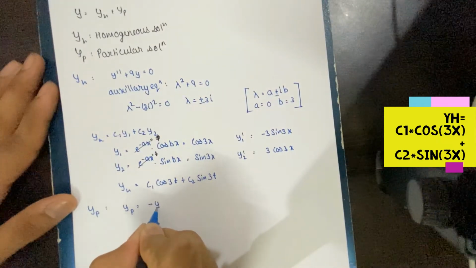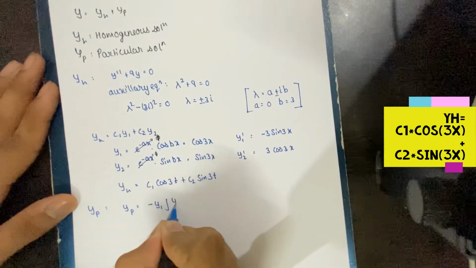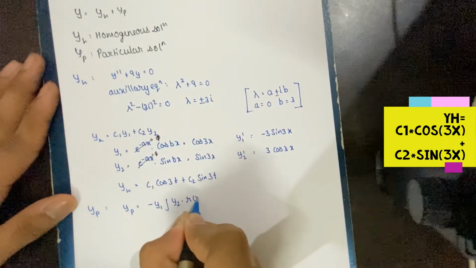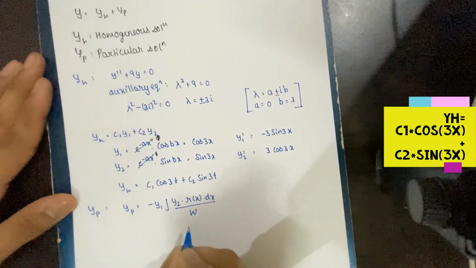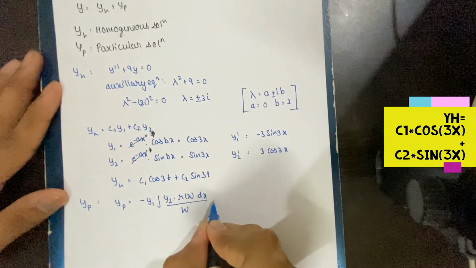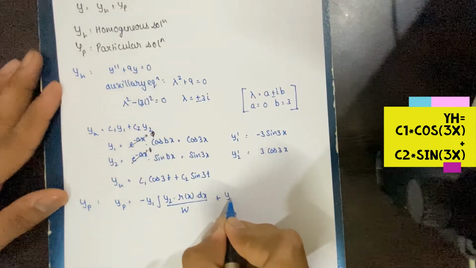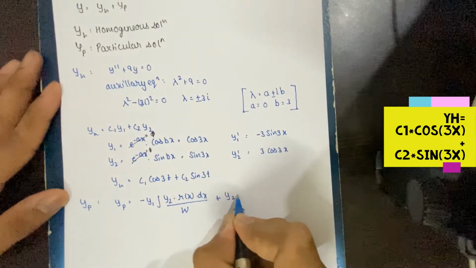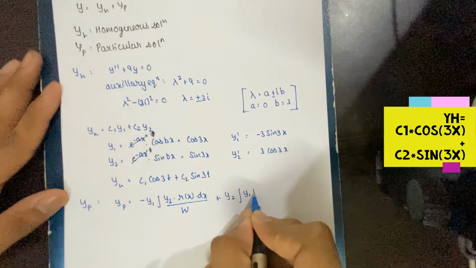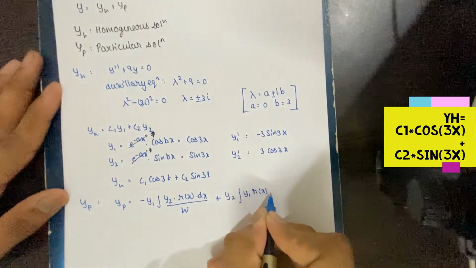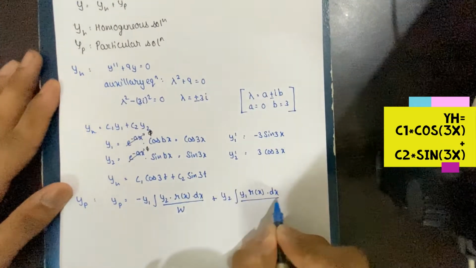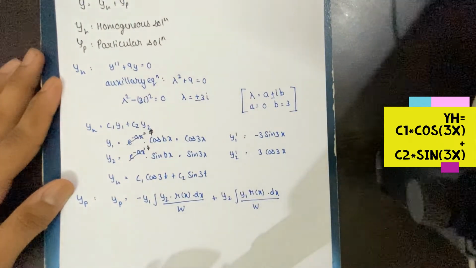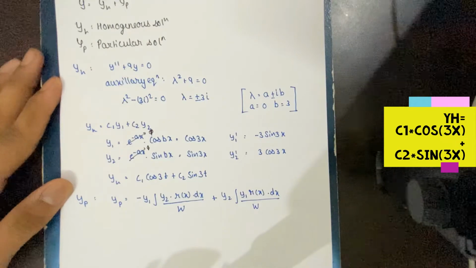Now yp has a direct formula in the method of variation of parameters: minus y1 integral of y2 r of x dx by W, that is the Wronskian, plus y2 integral of y1 r of x dx by W, again the Wronskian.